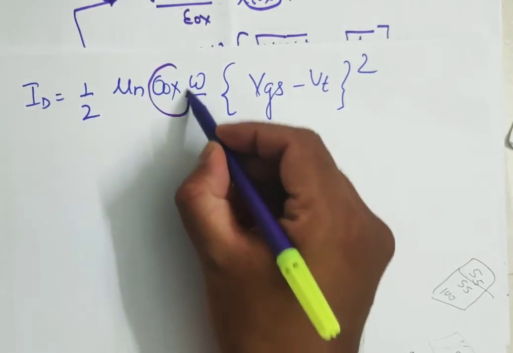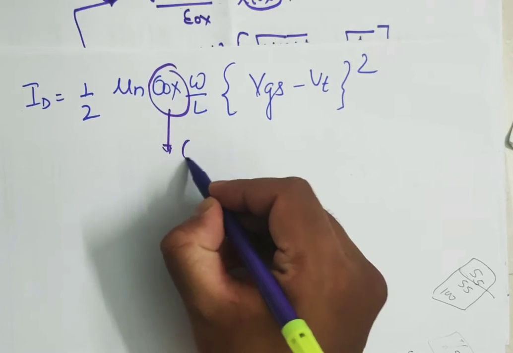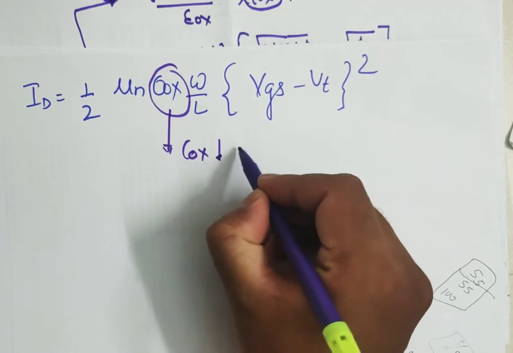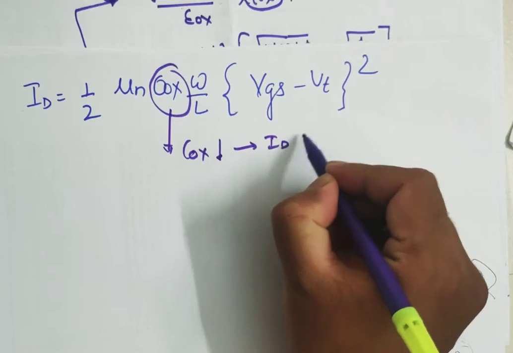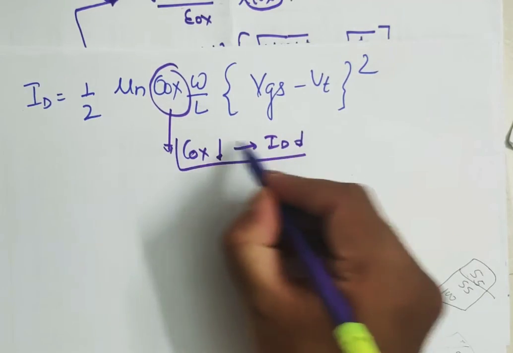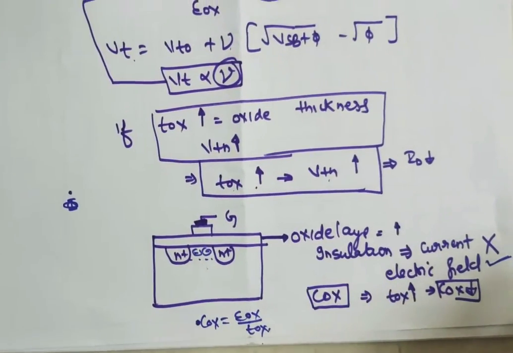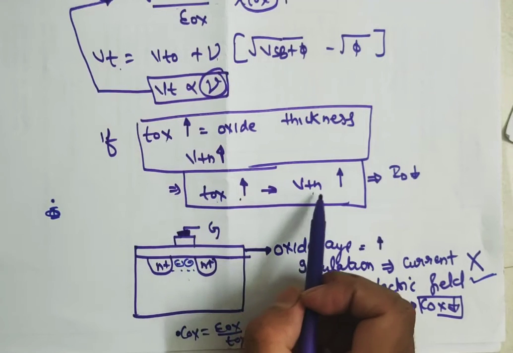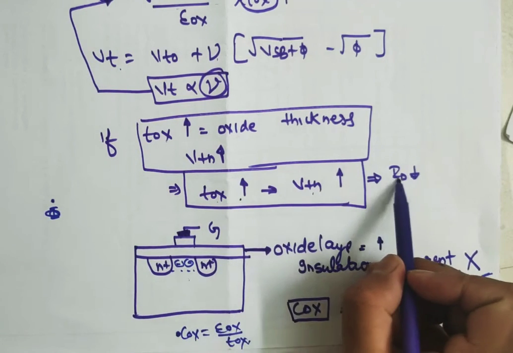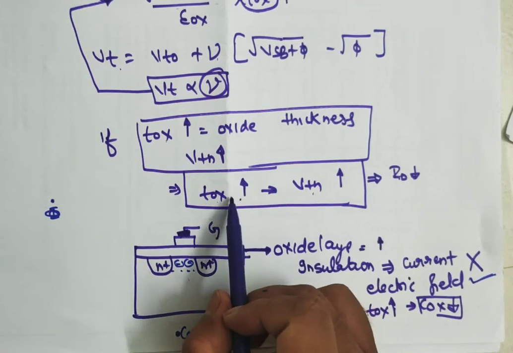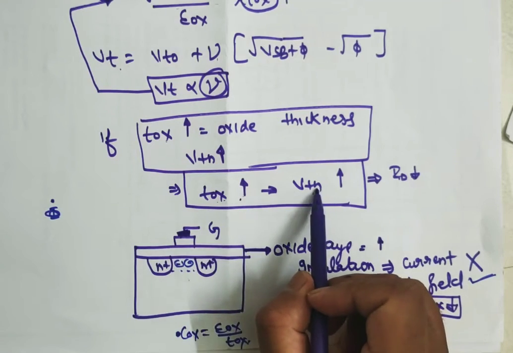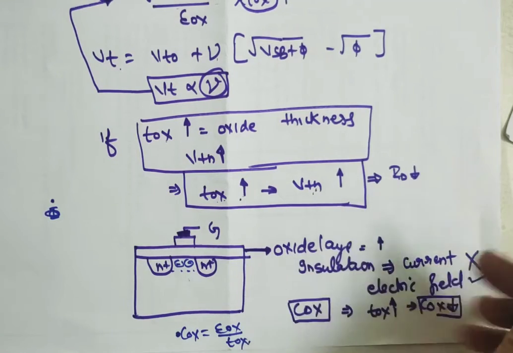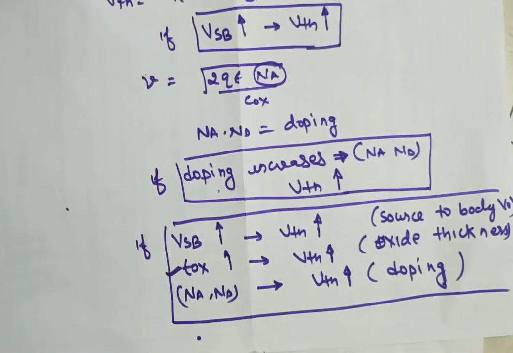So if this Cox decreases, correct, your current is going to decrease. So in turn, if your oxide thickness is increasing, your Vth will increase, and in turn your current will decrease.